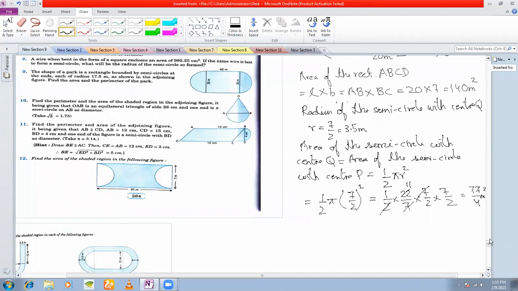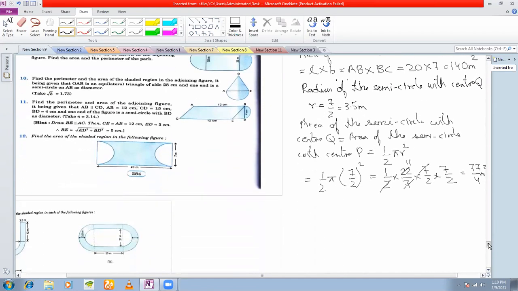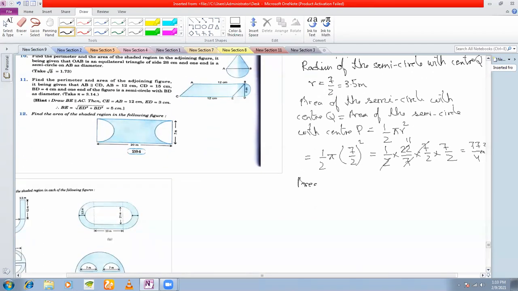So area of one semicircle here is 77 by 4, that means area of both the semicircles is equal to 2 into area of this one semicircle we have found out, 77 by 4. Now you cancel. You get 77 by 2 meter square.